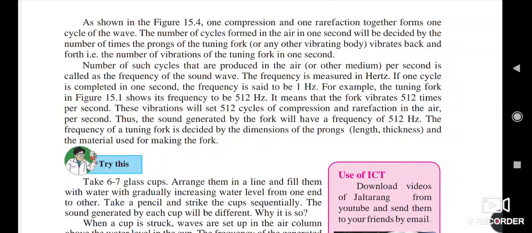These vibrations will set 512 cycles of compression and rarefaction in air per second. Thus, the sound generated by the fork will have a frequency of 512 Hz. The frequency of a tuning fork is decided by the dimensions of the prongs, that is, the length and the thickness of the material used for making the fork.